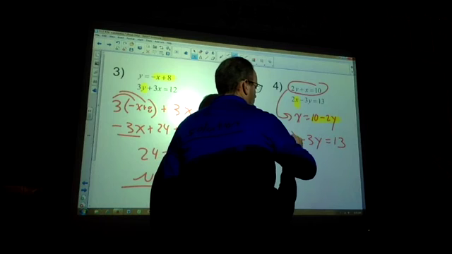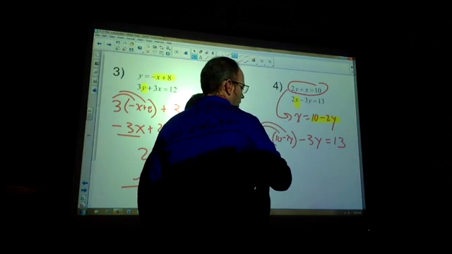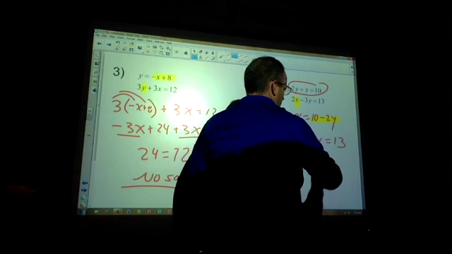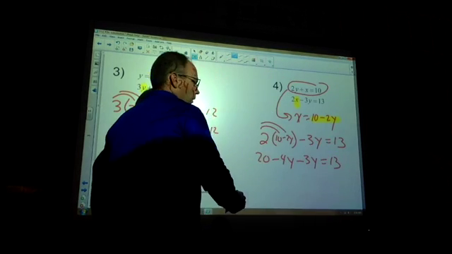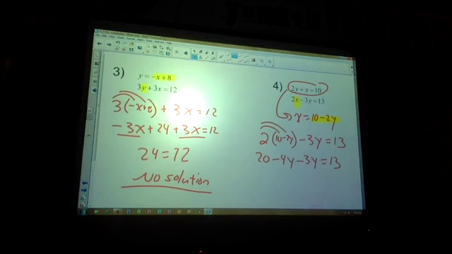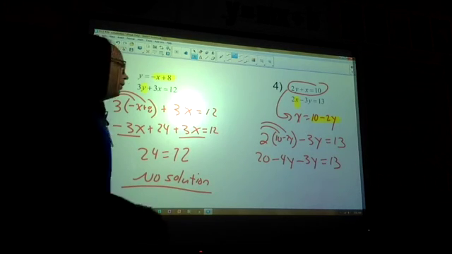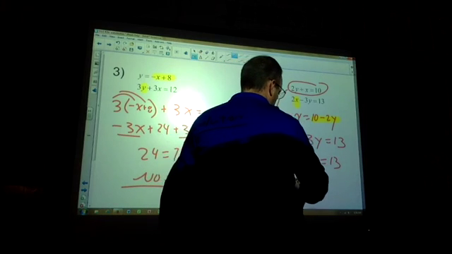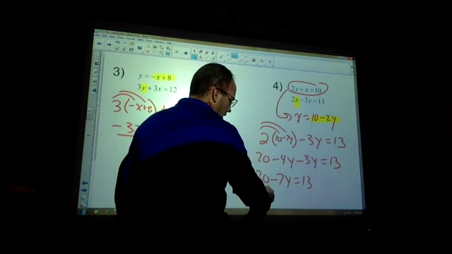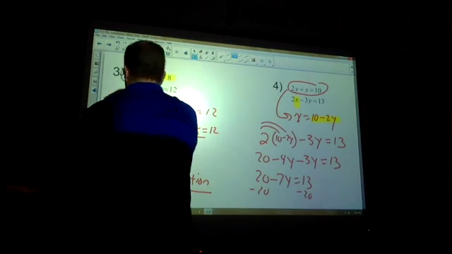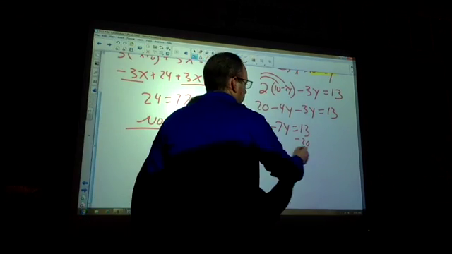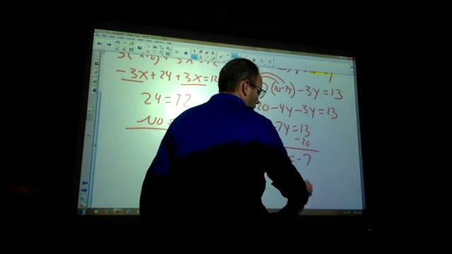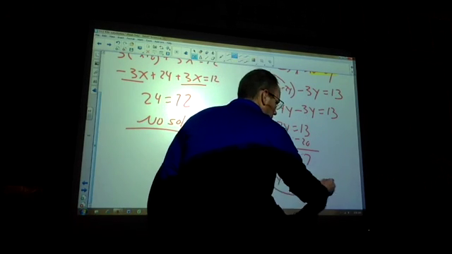I'm plugging in 10 minus 2y. Distribute here and here. 20 minus 4y minus 3y equals 13. Are the y's going to cancel out? No. They just wanted to show you how you might have to modify it. So 20 minus 7y equals 13. Subtract 20. So I get negative 7y equals negative 7, so y equals 1.